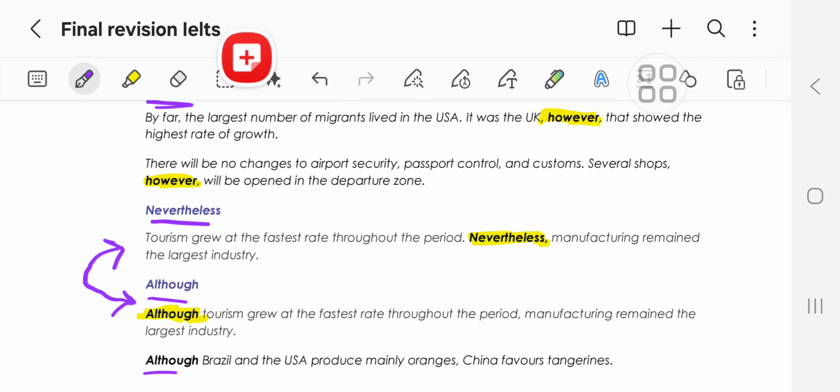If the same format is repeating and you have to use nevertheless two times, better convert the nevertheless into although. Put although at the start of the sentence, with no comma, and this makes the sentence read similarly. Like: tourism grew at the fastest rate throughout the period, full stop, nevertheless manufacturing remained the largest industry. And when you want to use although, just say although tourism grew at the fastest rate throughout the period, comma, manufacturing remained the largest industry.